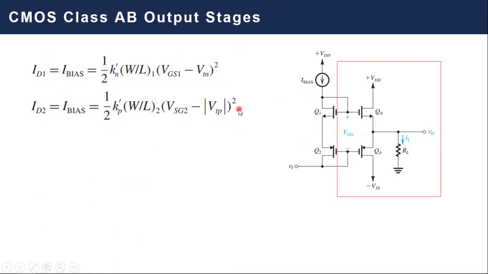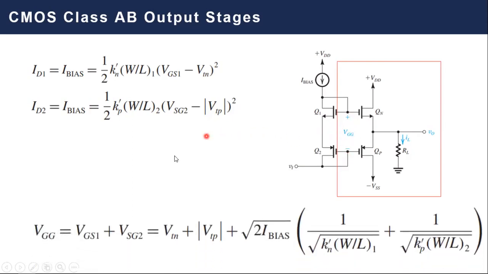So as you can see, our VGG is simply a VGS and VSG. So you can reach this equation that VGG, which is the gate-to-gate voltage to be controlled, equals VGS, the voltage in the first transistor Q1, plus VSG, the voltage in the second transistor, which equals this big equation.